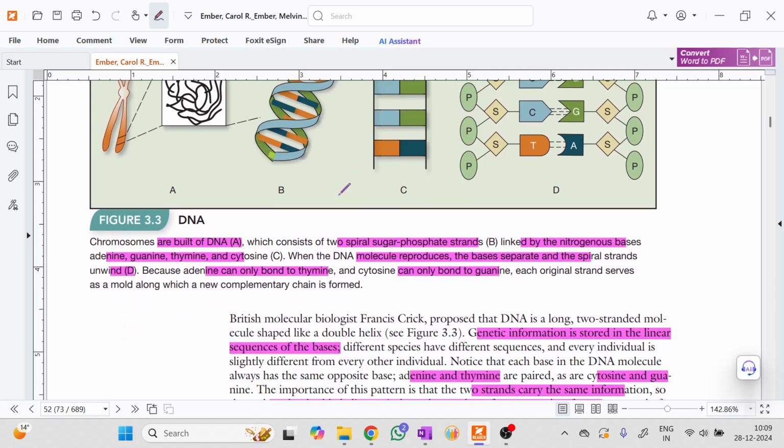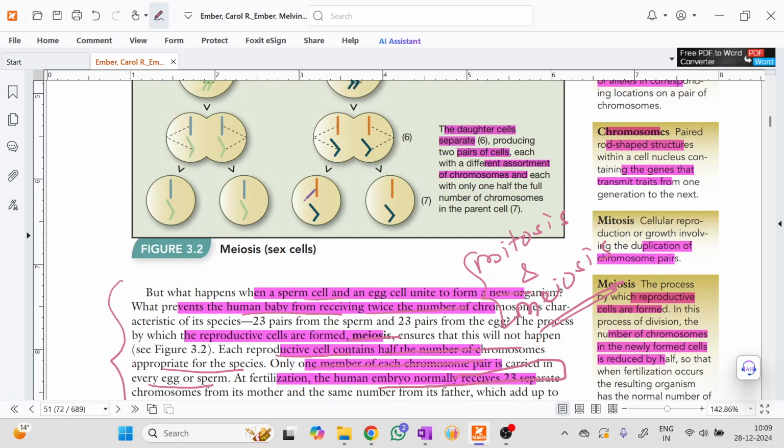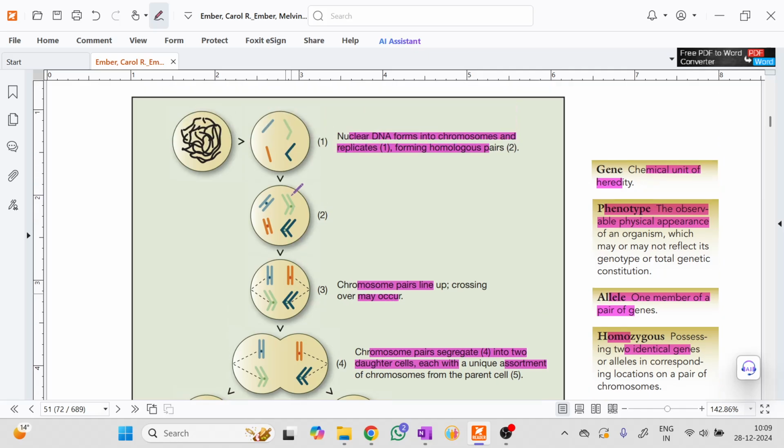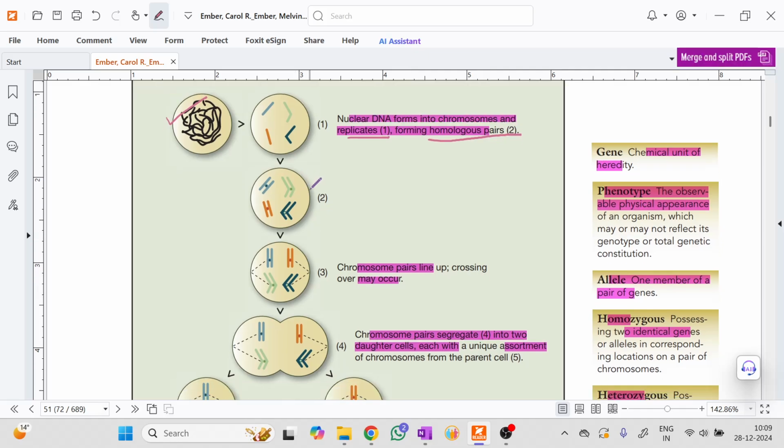And let's see it further. Let's see the process of meiosis. This is the condensed form of chromosomes known as chromatin. At first, nuclear DNA forms into chromosomes and replicates, which gives homologous pairs.